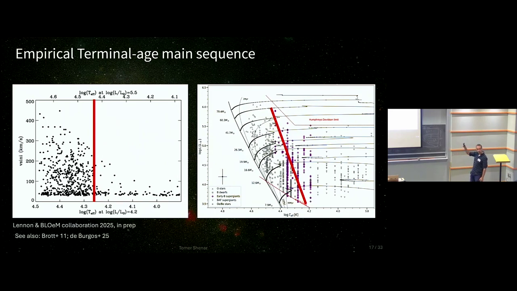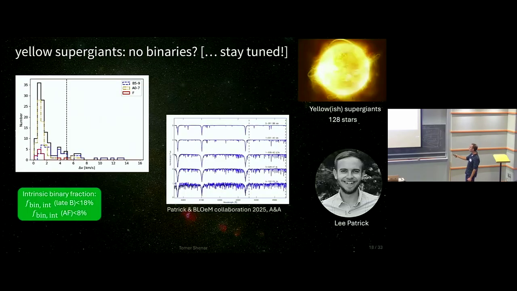And this seems to be telling us that potentially the terminal age main sequence lies somewhere here. We now want to take this one step forward and combine the binary properties that we know about the sample to empirically constrain where this region lies. So this sample is probably a mixed bag of main sequence stars and weird post-interaction stuff.